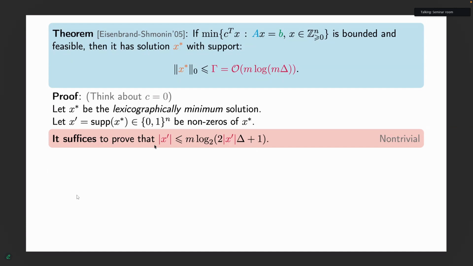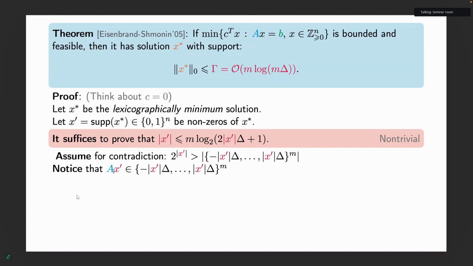Okay, any questions? So assume for the sake of contradiction that this x prime is large. So 2 to the x prime is also large, like I just exponentiated both sides.